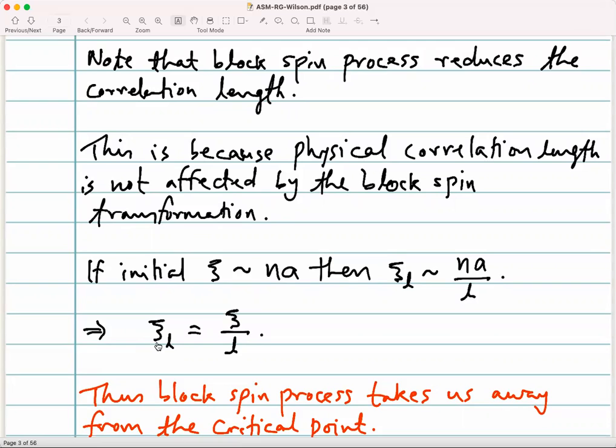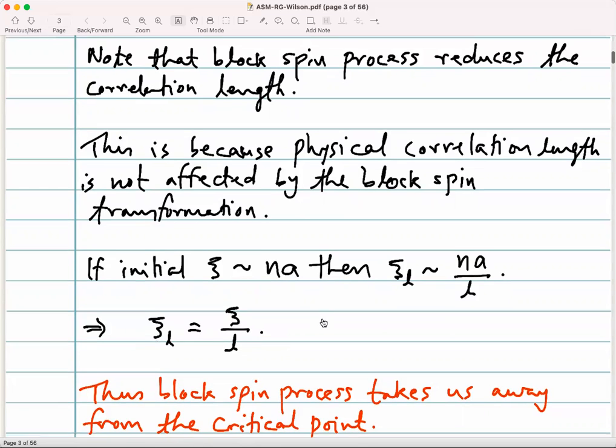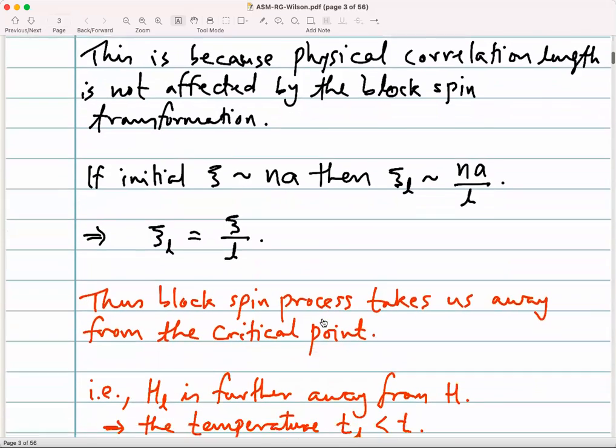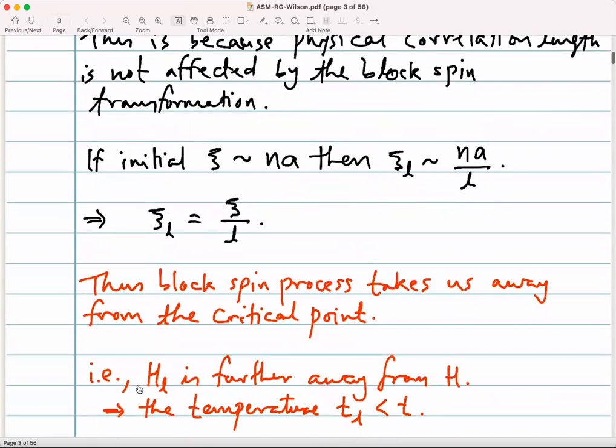That is the definition of criticality, that the correlation length diverges. Yet block spins seem to be taking us away from the critical point. So the block spin Hamiltonian H_L defines a system which is further away from the critical point, whereas H was closer to it.